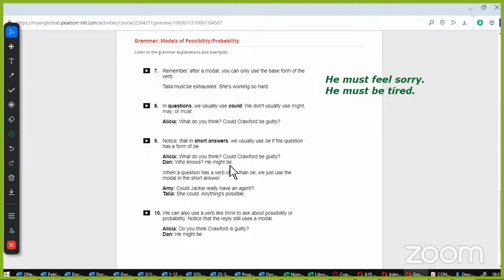But in the second example, we use the modal could because the verb is other than be. Yes. Just with be, we can answer he might be. Yes. To your question, yes. The answer would be yes.